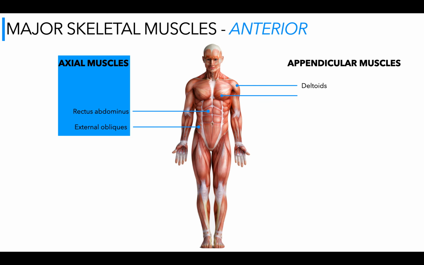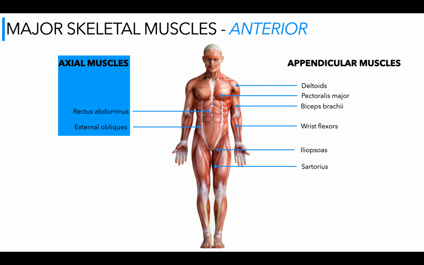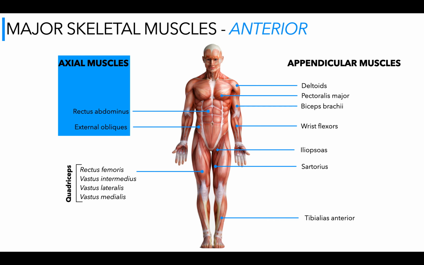We've got the pectoralis major, biceps brachii, wrist flexors, the hip flexors, the iliopsoas, the sartorius, that's the thin strip running down the quadriceps there. We have the tibialis anterior, and the biggest change from GCSE, the quadriceps group, quad meaning four. We have four muscles: rectus femoris, vastus intermedius, vastus lateralis, vastus medialis.